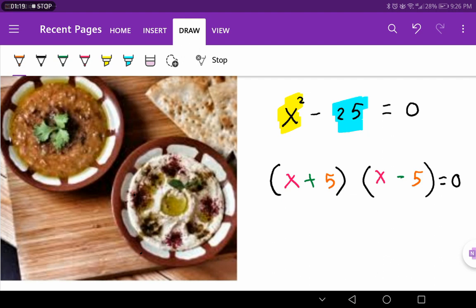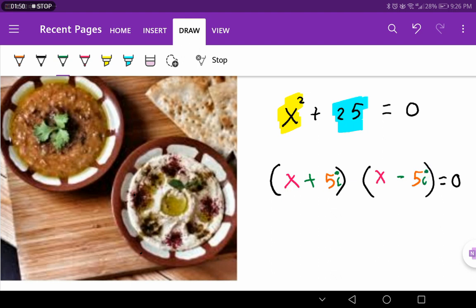Now, what if the question is like this, with a plus? If I have a plus, it stops being a difference between two squares in the real numbers, but in the complex numbers, just add i here and i here, and we are done.